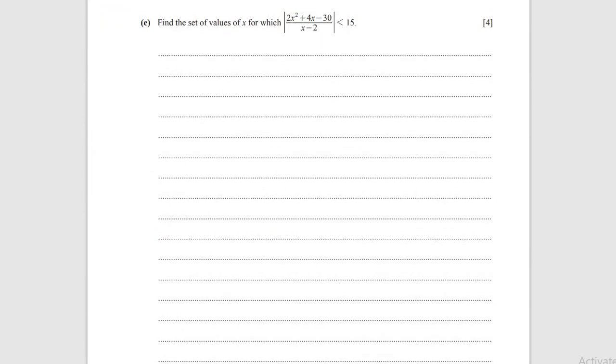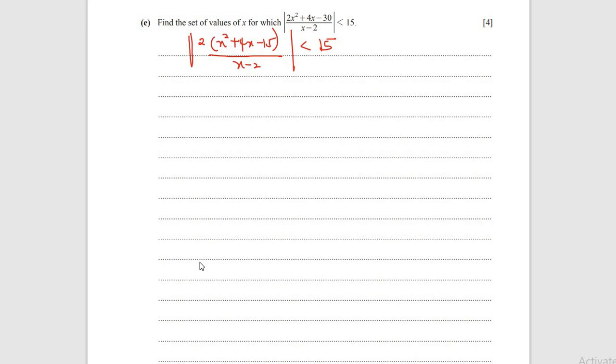And 6E. Find the set of values for which modulus of 2x squared plus 4x minus 30 over x minus 2 is less than 15. This equation is the same thing as writing 2 into bracket x squared plus 4x minus 15 all over x minus 2 less than 15.